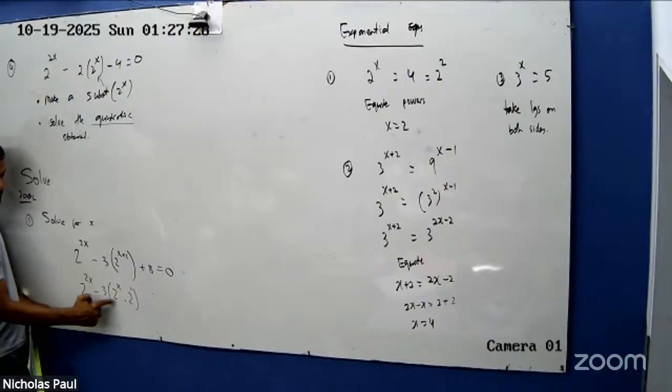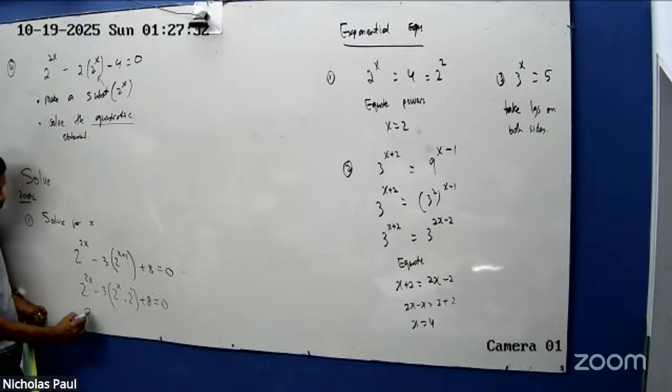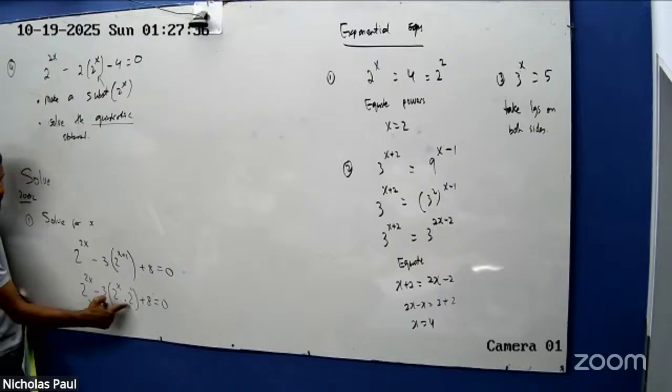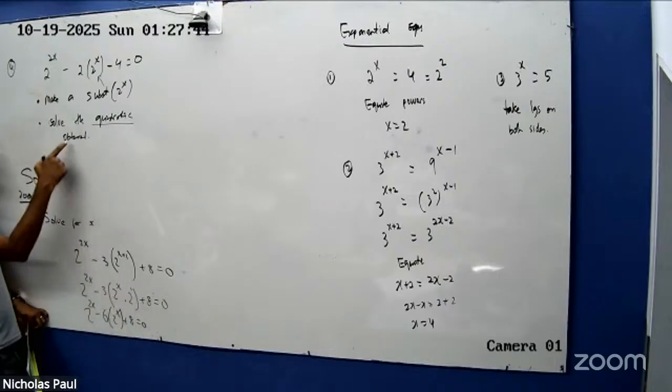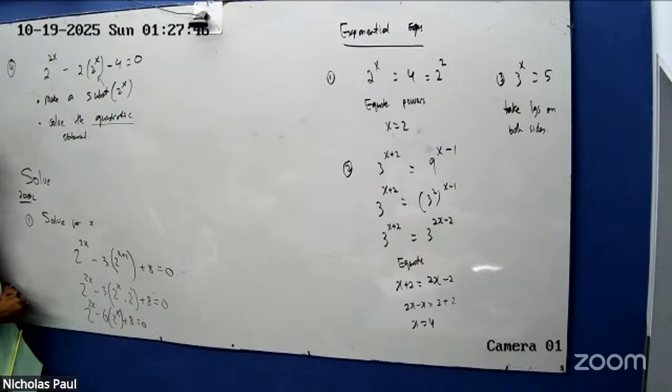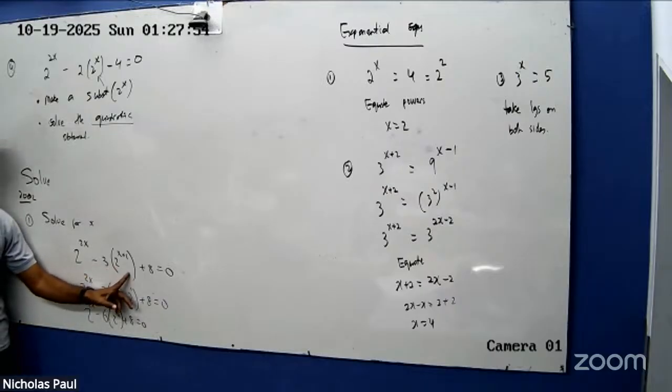So I'll end up with 2 to the 2x minus 6 to the x plus 8 equal to 0. Now you can go ahead, make a substitution and solve. Anybody confused? I could not have made the substitution as yet; I had to simplify this first.